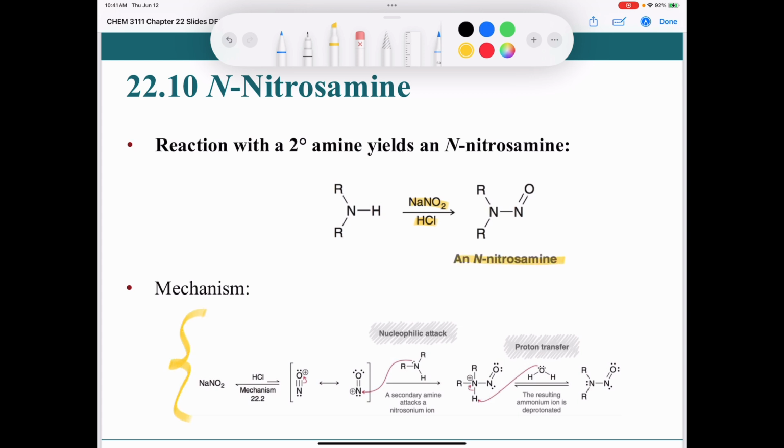The formation of the N-nitrosamine is shown down here. You form your nitrosonium ion, which is your very powerful electrophile. You can see there's a nucleophilic attack on the nitrosonium ion. Then you just do a proton transfer and you end up with your N-nitrosamine.